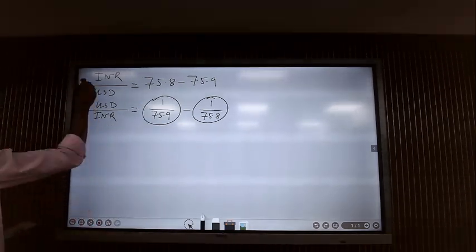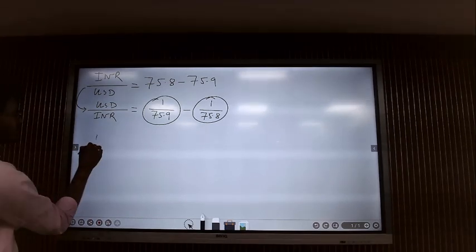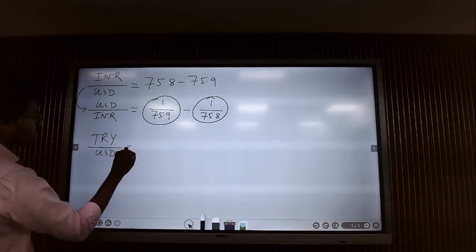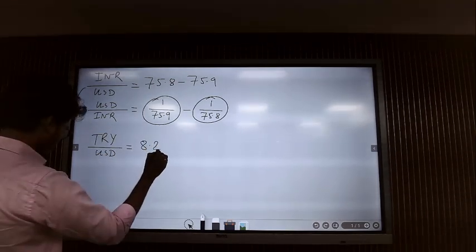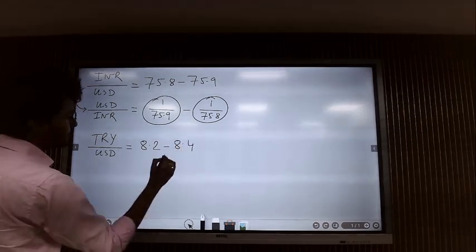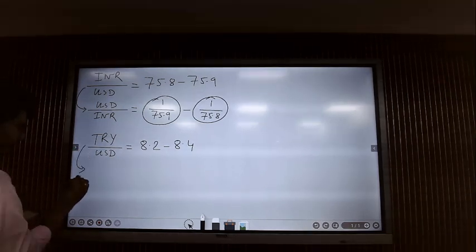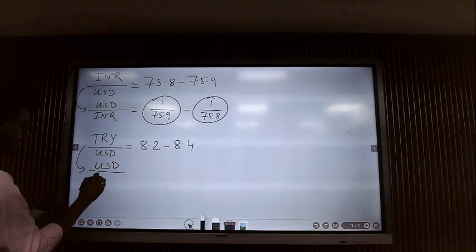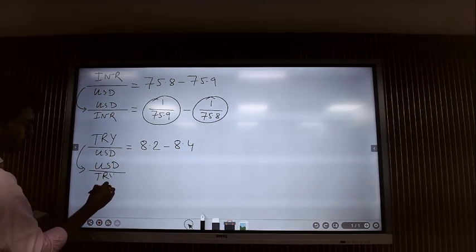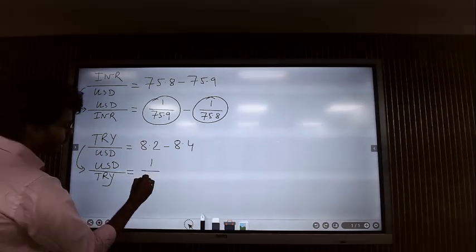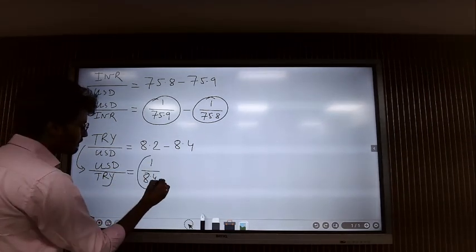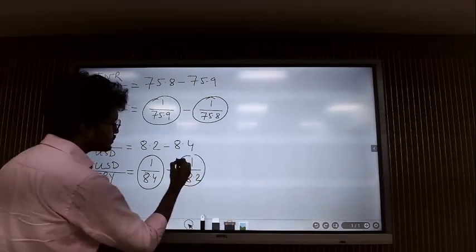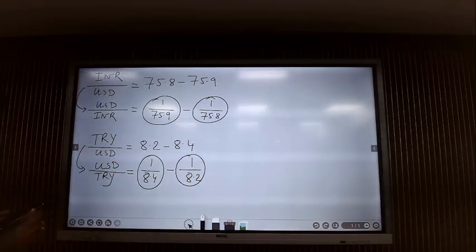And just like this, the another rate, TRY by USD equal to 8.2 and 8.4. This is the indirect quote. The direct quote is USD by TRY: 1 by 8.4 and 1 by 8.2. Now just calculate.